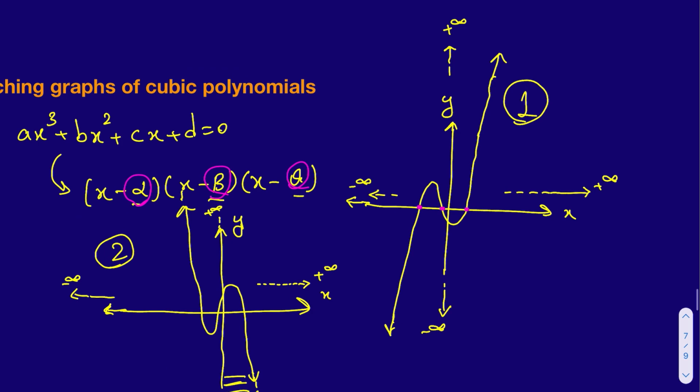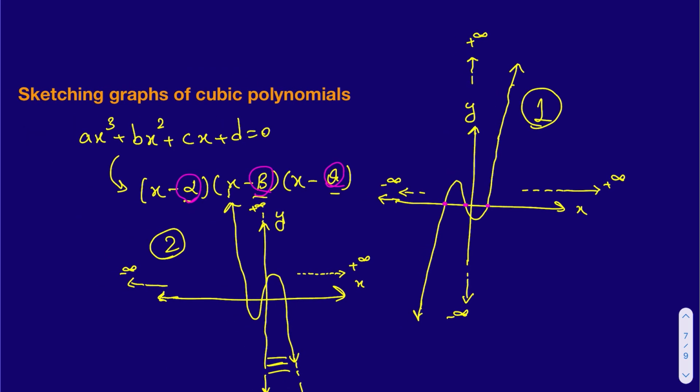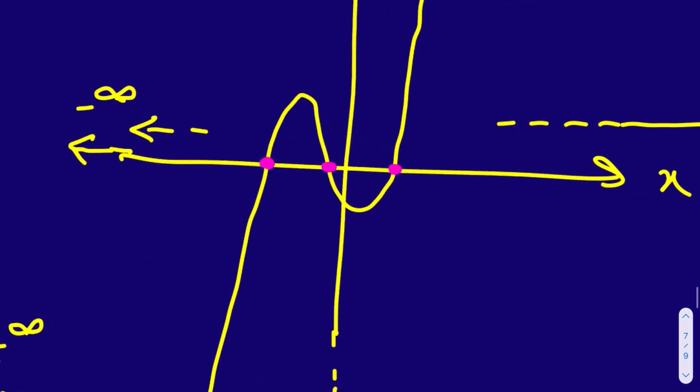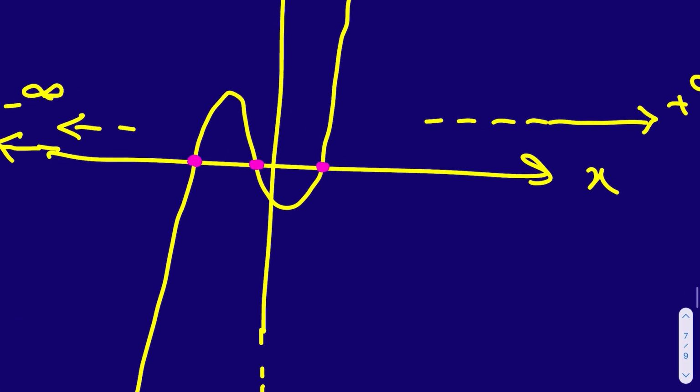If we factorize this polynomial to this form, the roots of the polynomial are in fact the points at which this curve intercepts the x-axis. So this is the thing we need to know.